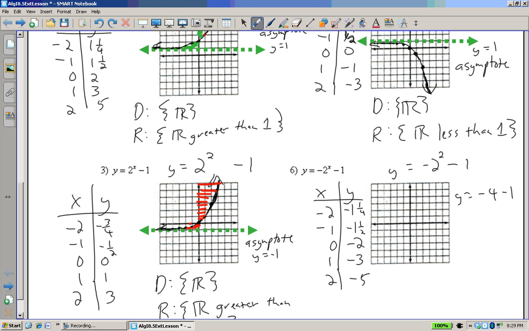Let's see if we can sketch our graph. -2, -1 and 1/4, -1, -1 and 1/2, 0, -2, 1, -3, 2, -5, and this gives us enough of a picture that we can go ahead and graph.